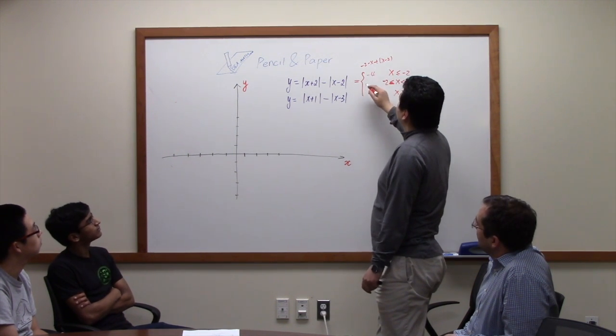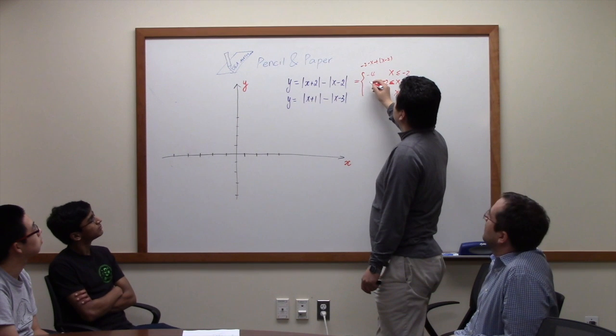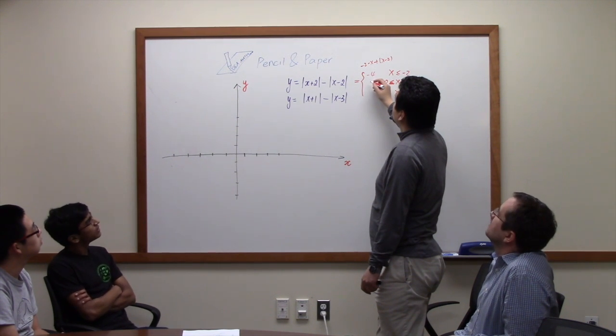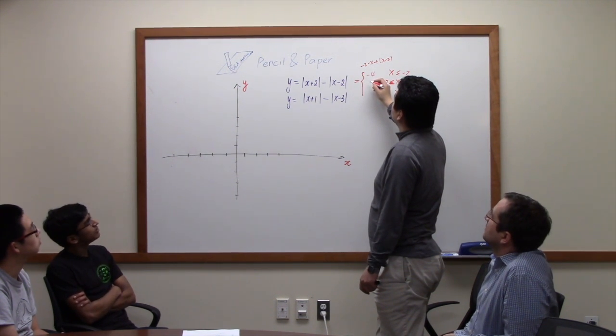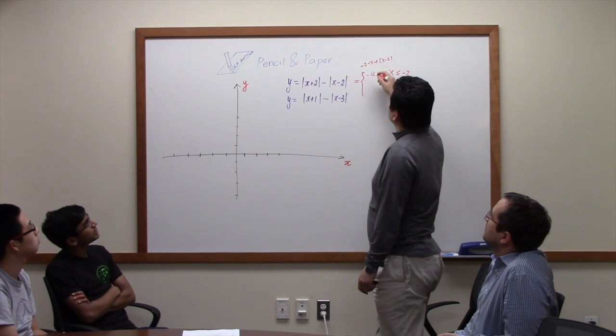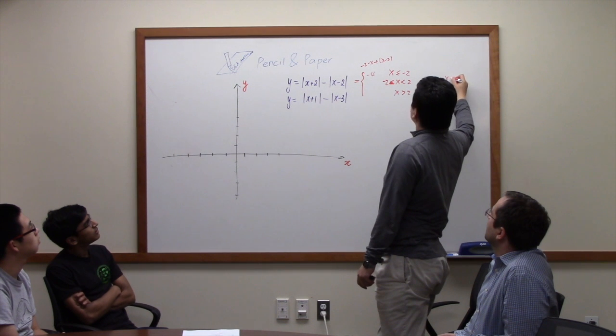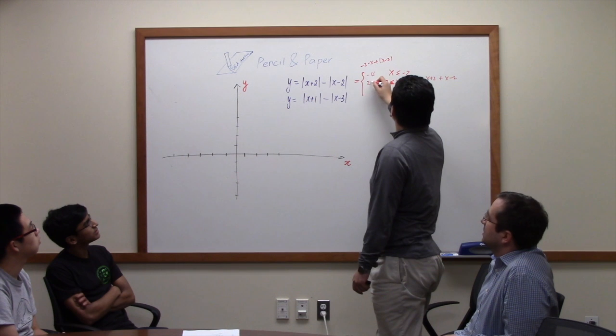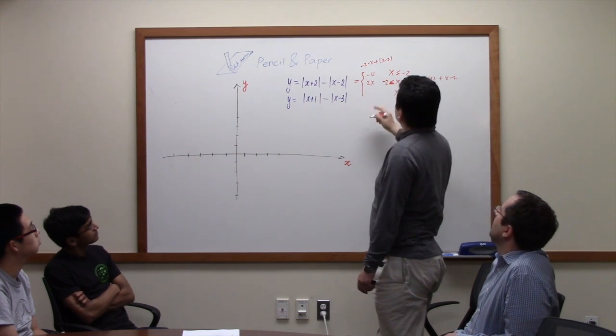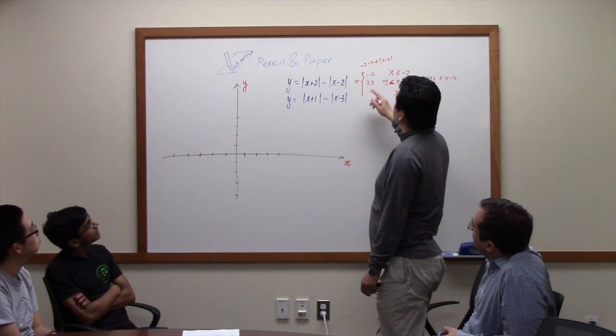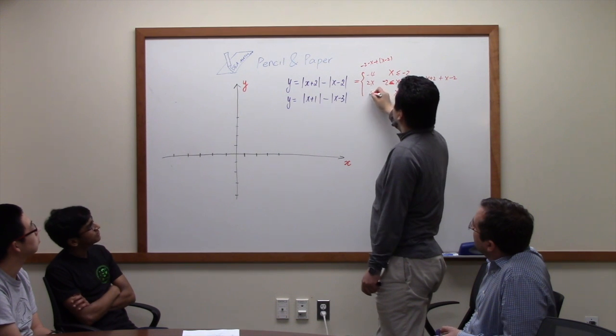And then here, the first one will become positive and will not change the sign. The second one will change it. So it becomes just 2x. And then here, both of them are changing signs, so that one is positive.